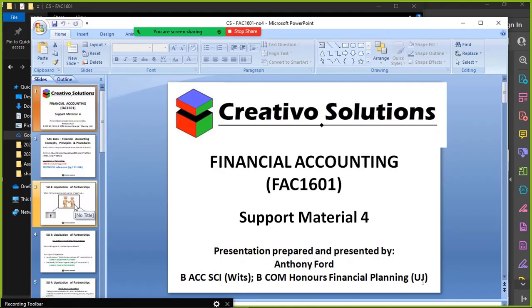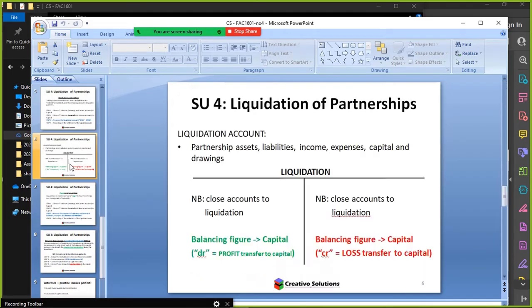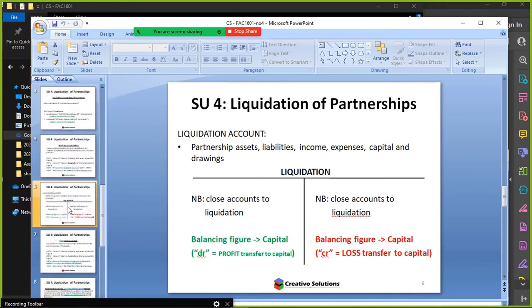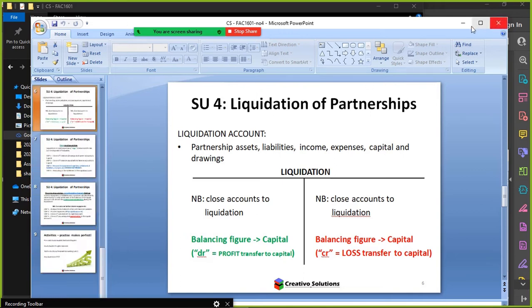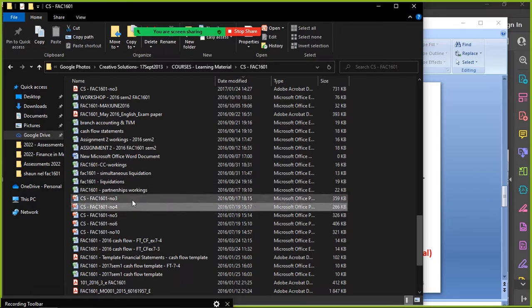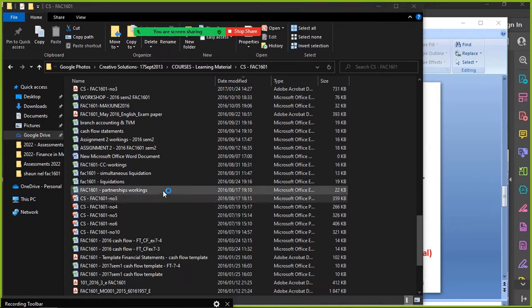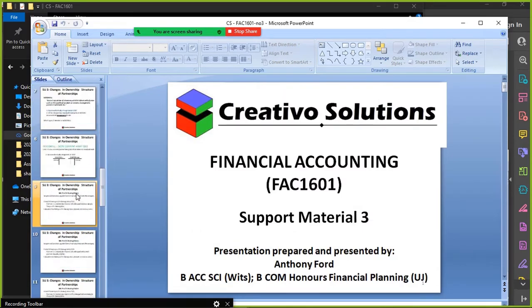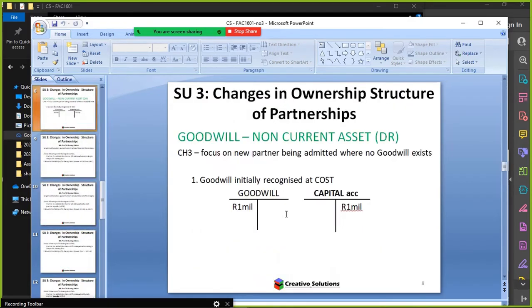Change in ownership. Yeah, this is liquidation. Oh no, this is a bit further. Liquidation, I think change is number 3. You get simultaneous and a piecemeal liquidation. There's goodwill. There we go.